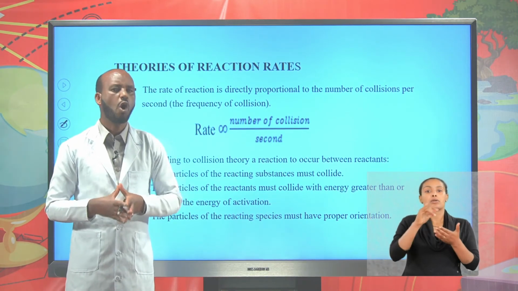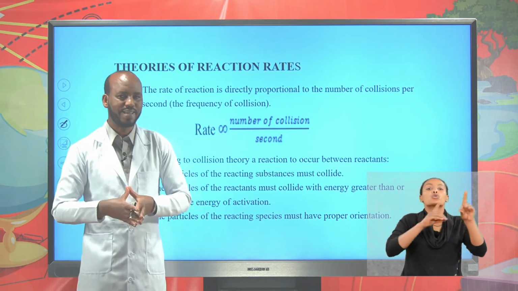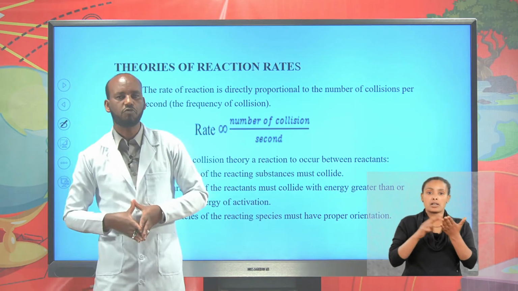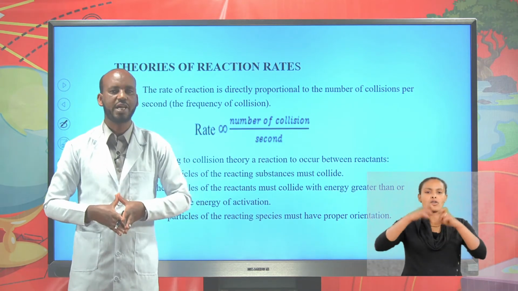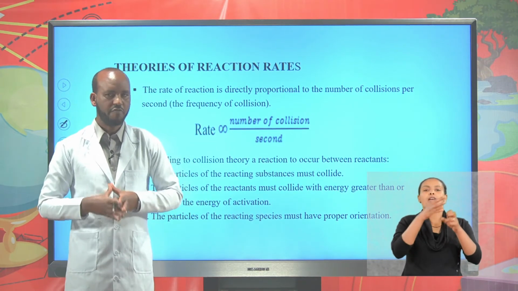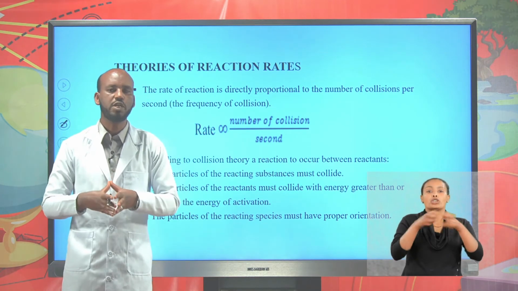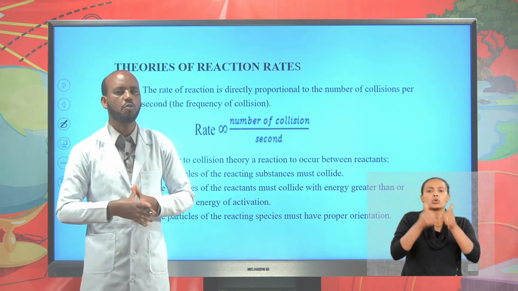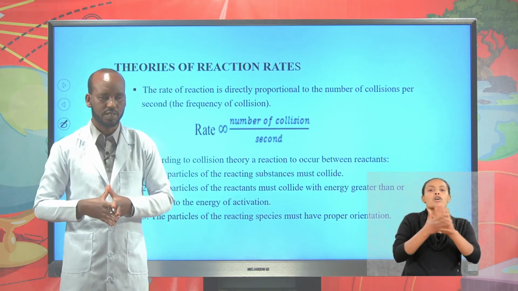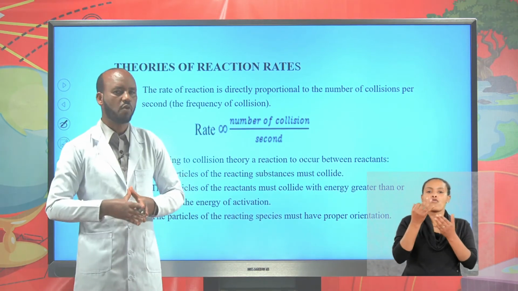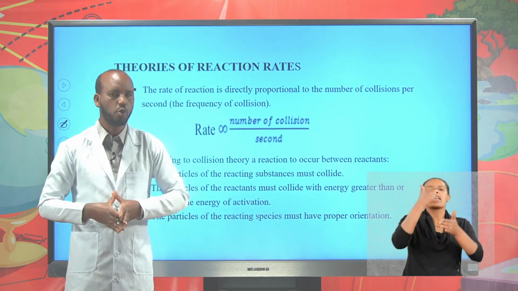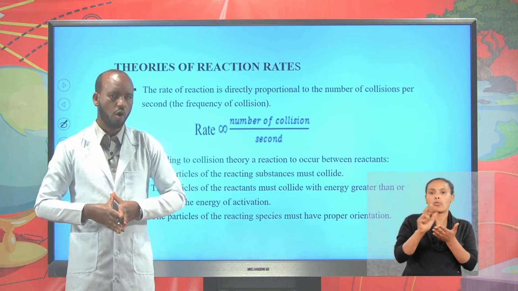Note that not all collisions result in a reaction because collisions are of two types, effective collision and ineffective collision. Effective collision is collision between reacting substances which results in the formation of the desired product. The other type of collision is ineffective collision, which does not result in a reaction.